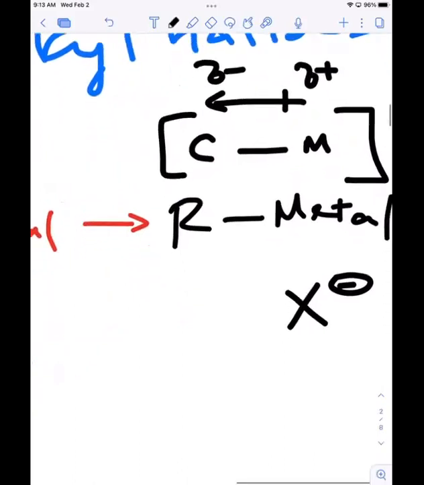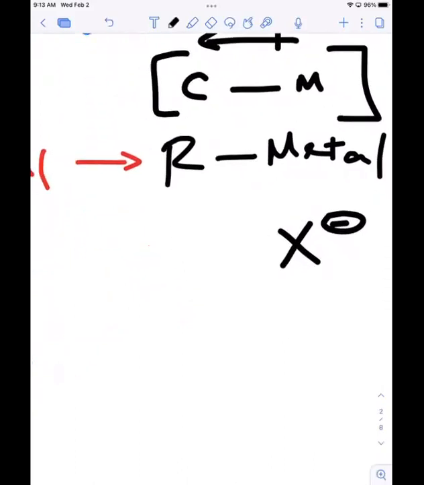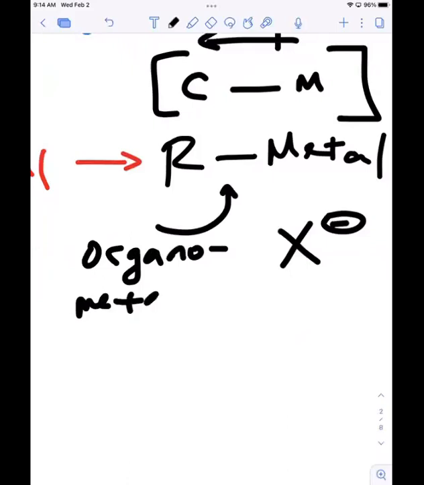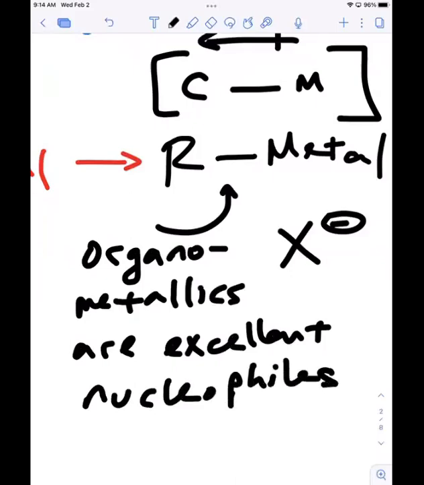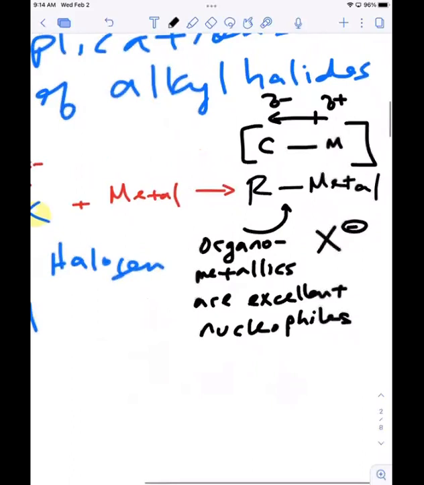So organometallics, which is what this is, are excellent nucleophiles.